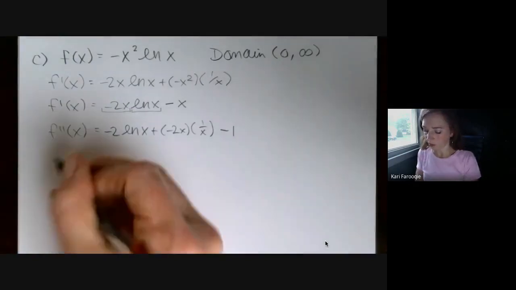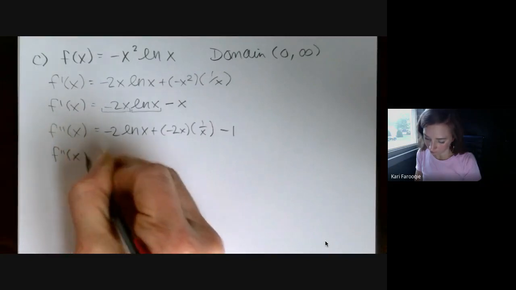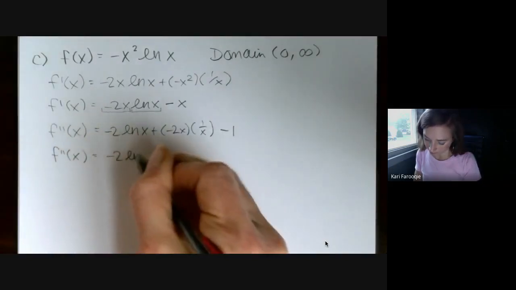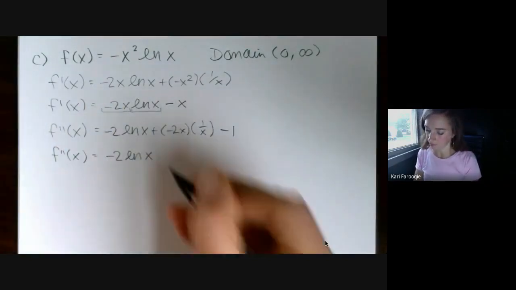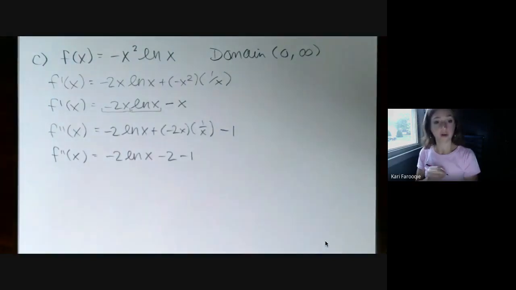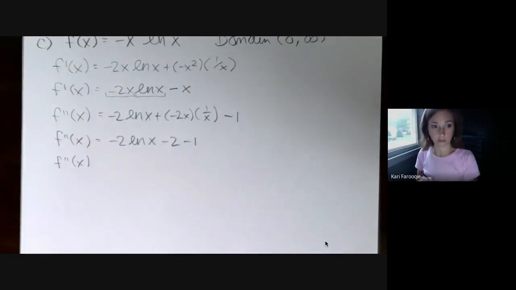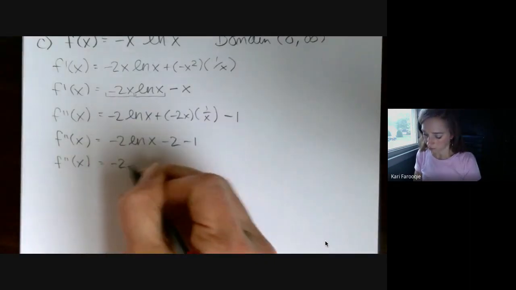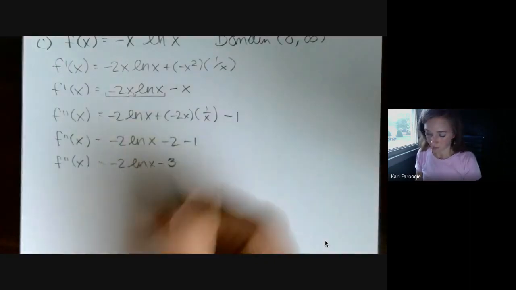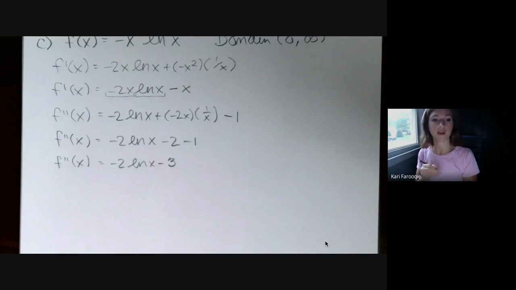And then we'll simplify. So the x's will cancel in the second term, and you'll just get -2, and then you'll subtract 1. And your second derivative is -2 natural log x minus 3.